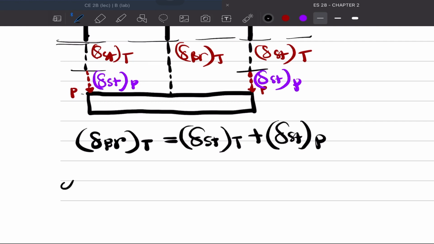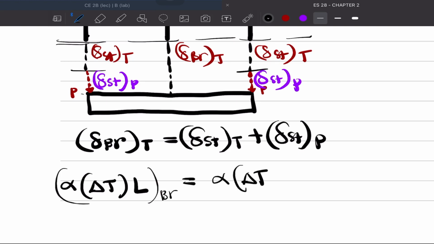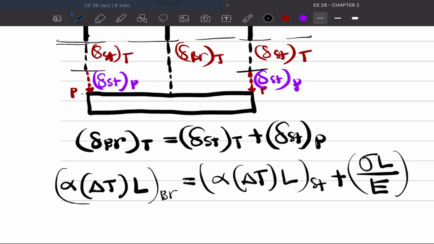Formulas: alpha delta T L for bronze equals alpha delta T L for steel plus stress L over E for the steel rod.